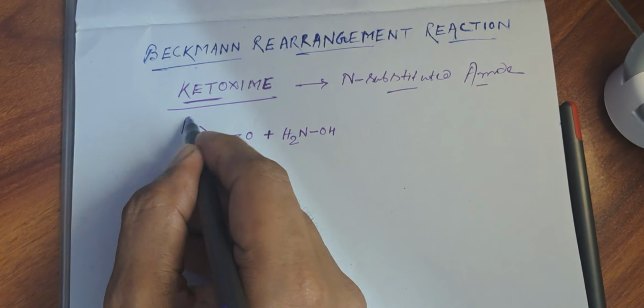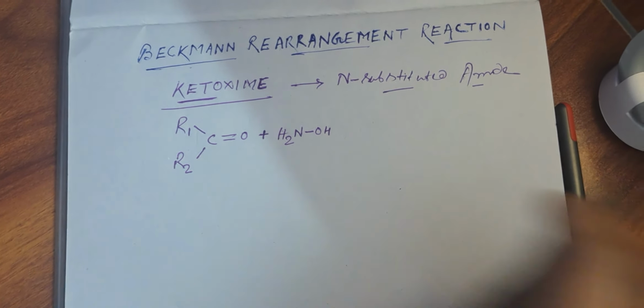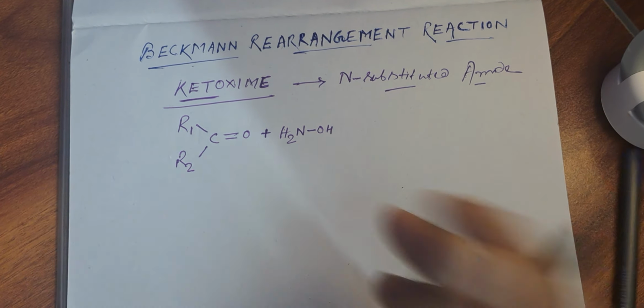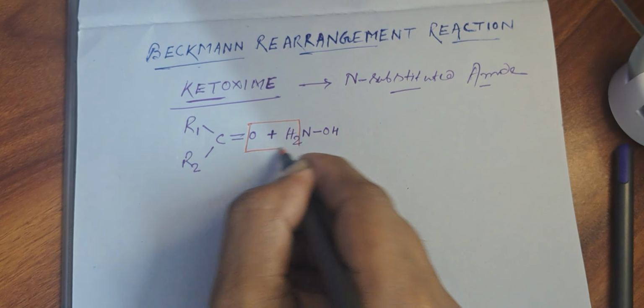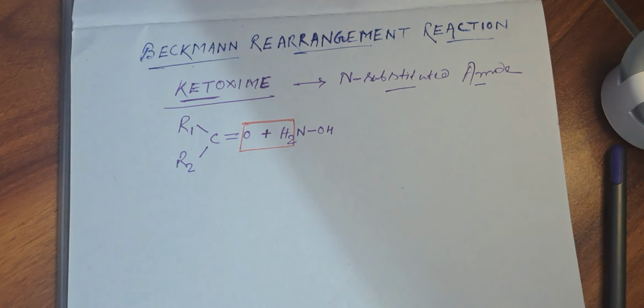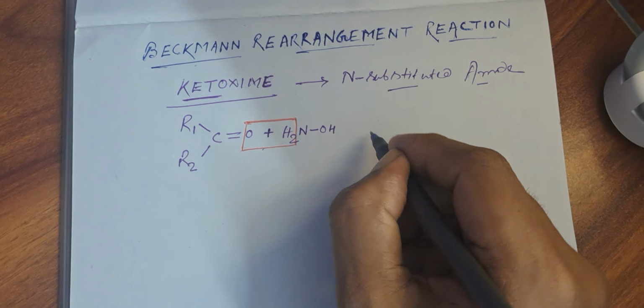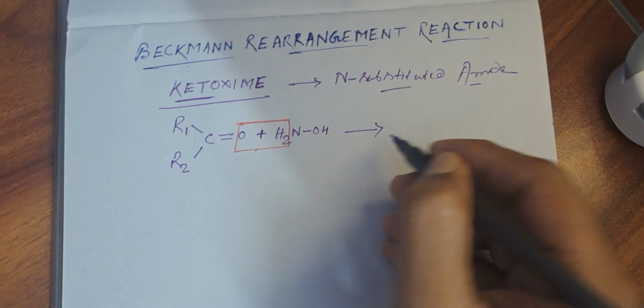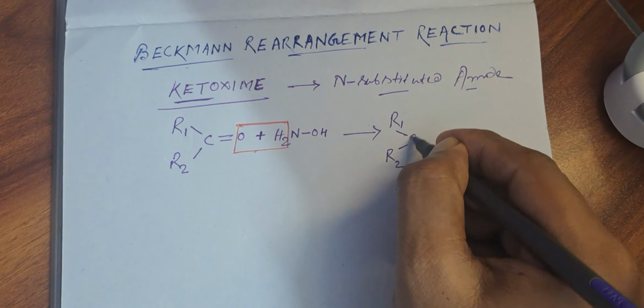As I said, keto, I should write R1, I should write R2, it is something like this. What is expected when they come close together? There is an expulsion or removal of water. Once the water leaves, the resultant product is like this.